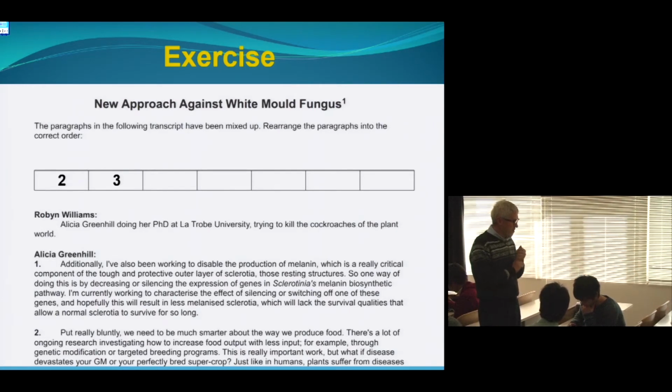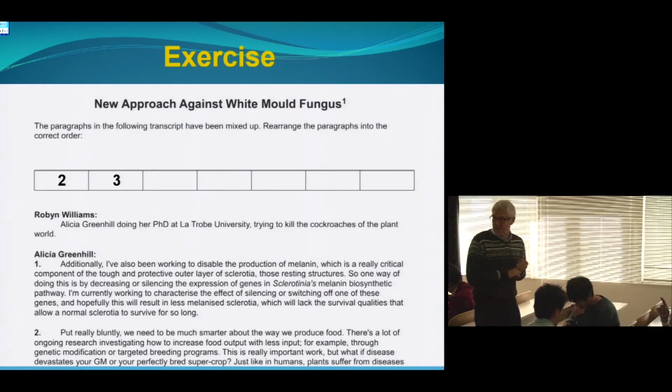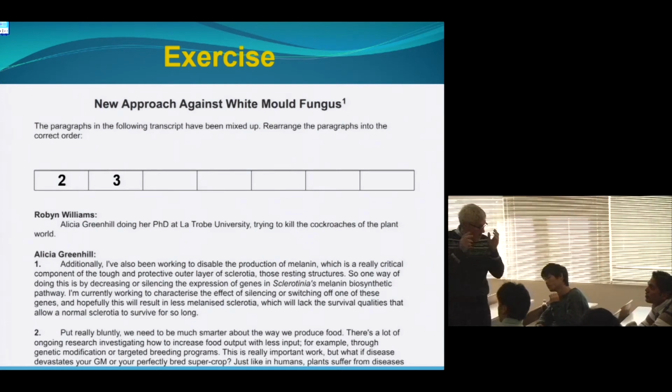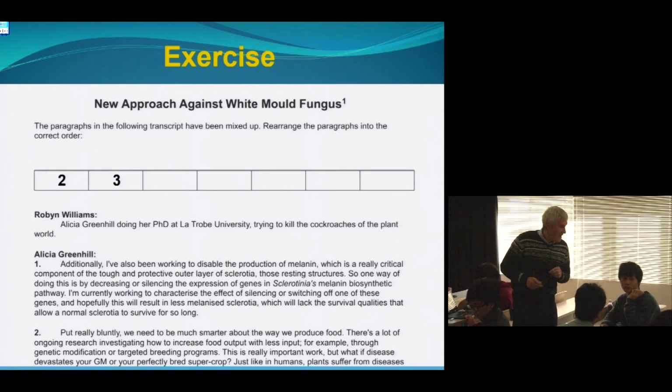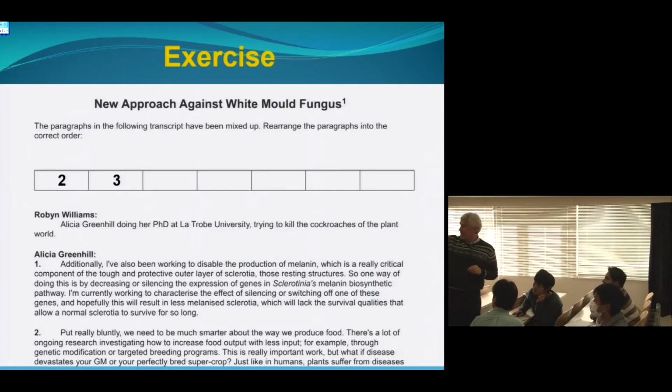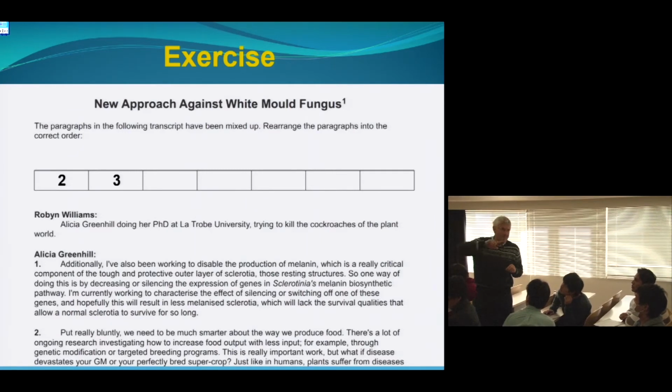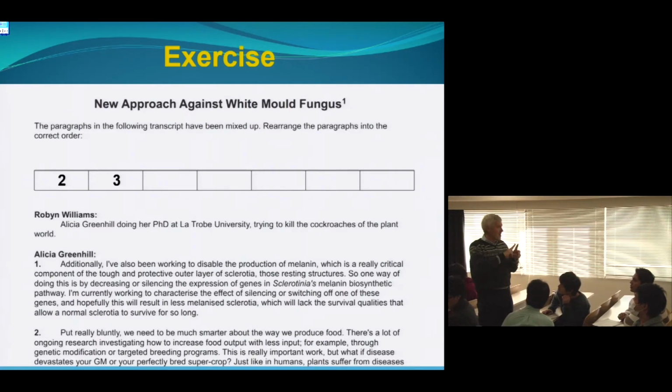Number 3 and number 4. Okay, so this is the first paragraph is 2, the second paragraph is 3, the third paragraph is, what is the number for third paragraph?